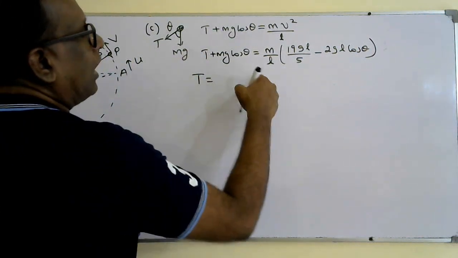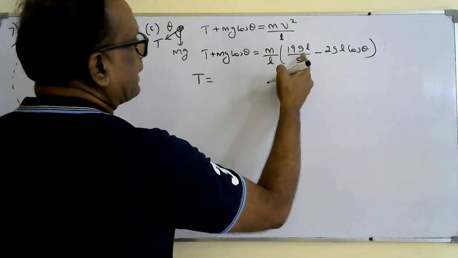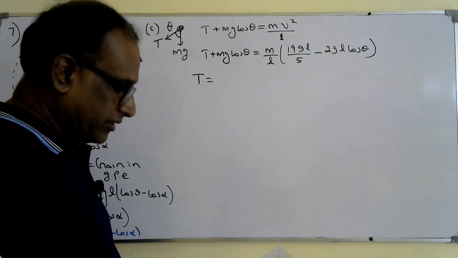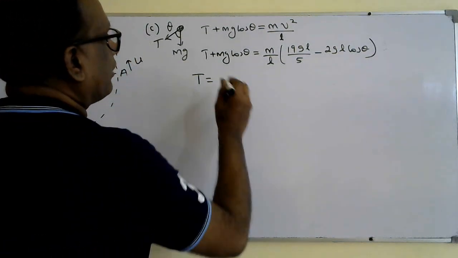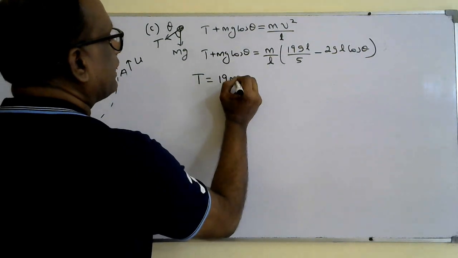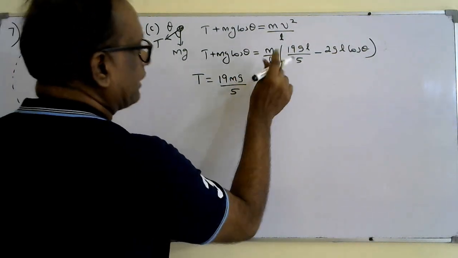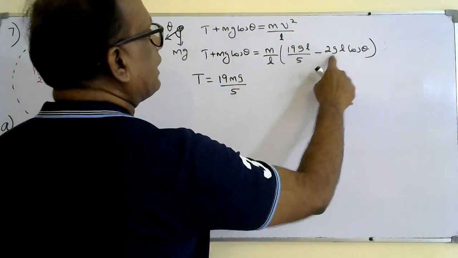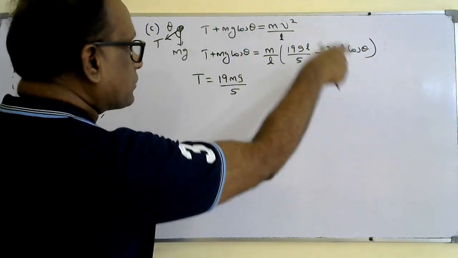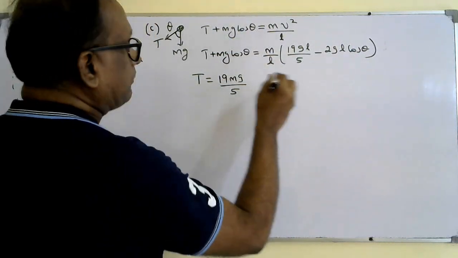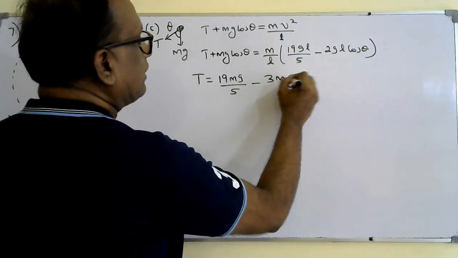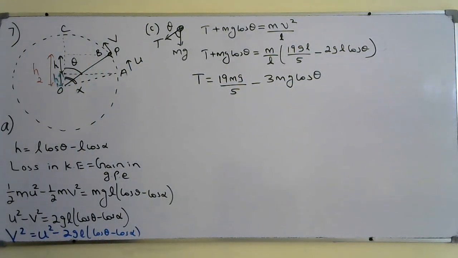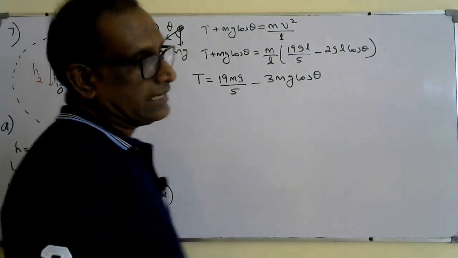T is equal to, multiplying inside, 19 mg over 5, since L gets cancelled, minus 2 mg cos theta. When it goes to the right, it becomes minus 3 mg cos theta. So that's the final expression for the tension in terms of theta.